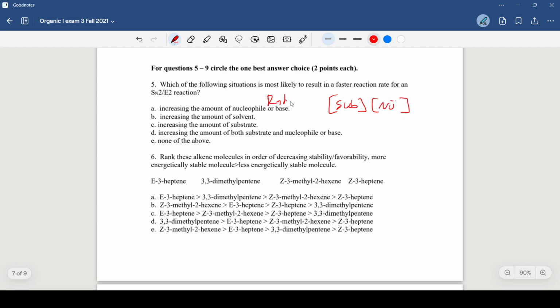So the rate law equation is this, right? Rate equals k times substrate times nucleophile. And the reason it's called SN2 is because it has two boxes here that determine the rate. That's just going to be U.